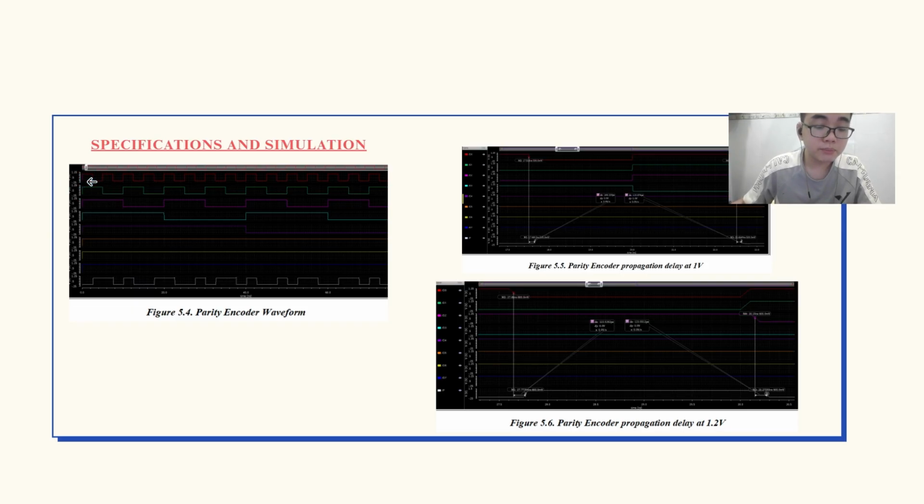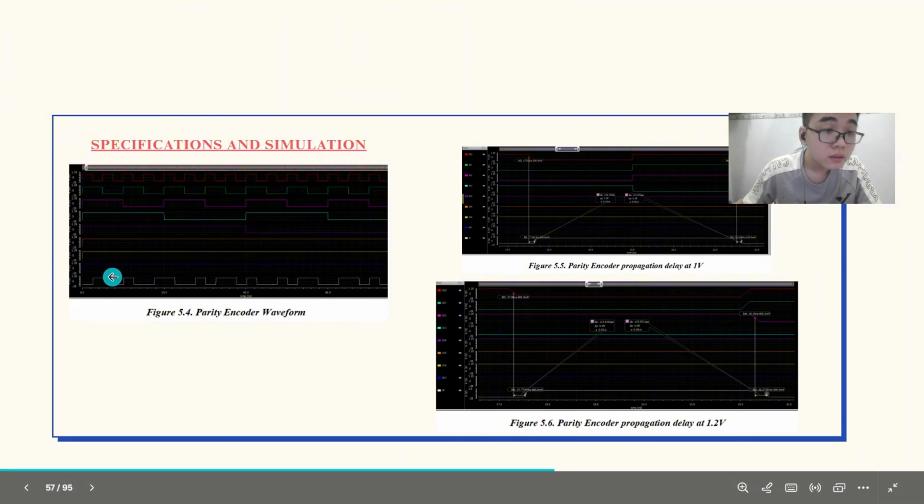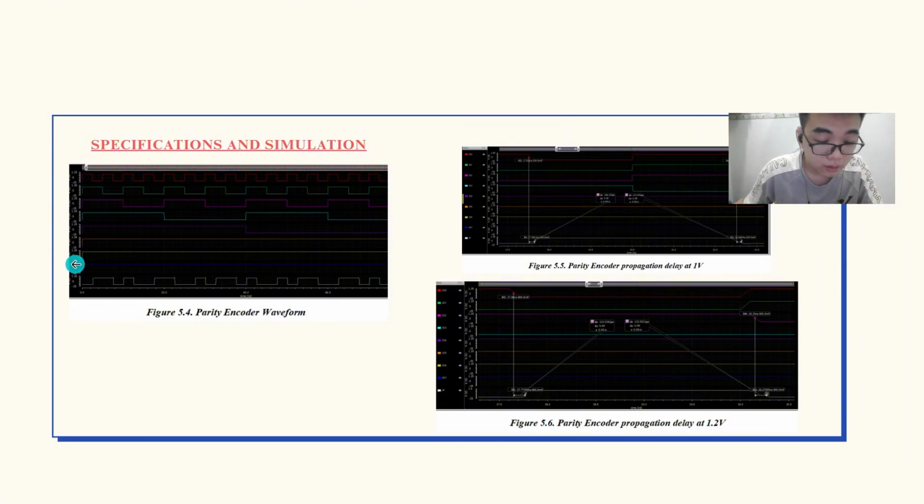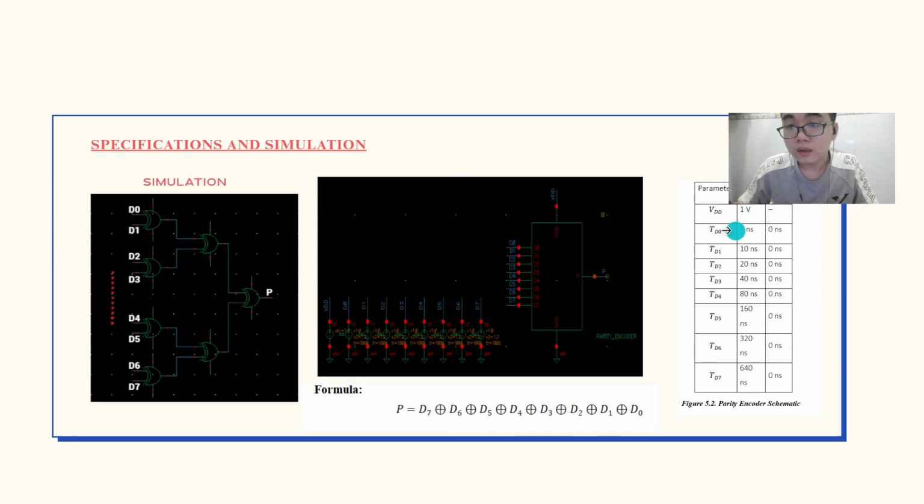The output bit responds accordingly after a small propagation delay. Let's consider one time interval as an example, from T0 to D7.